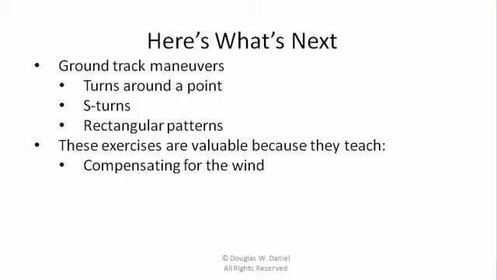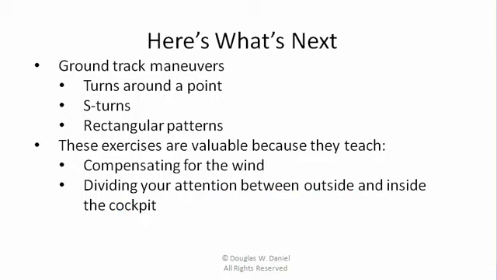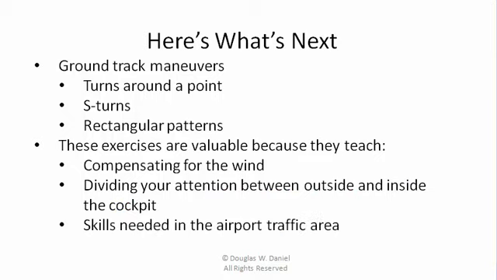Now you'll be 1,000 feet up and there's a good chance the wind will be blowing not quite as strong and from a slightly different direction when you get close to the ground, but you need to learn how to compensate for the wind and use it to tell you what the wind's doing. You also need to divide your attention between outside and inside the cockpit. These are skills needed in the airport traffic area.